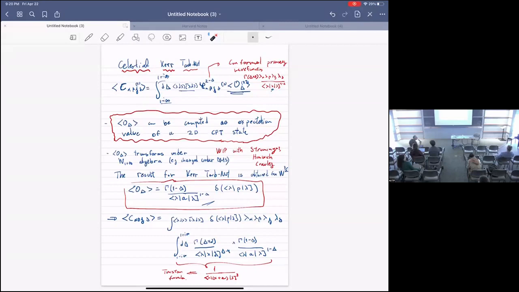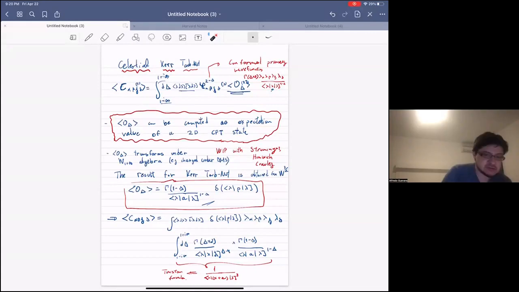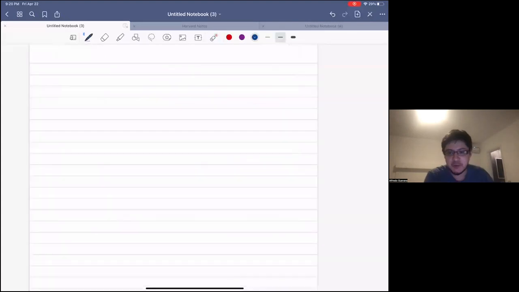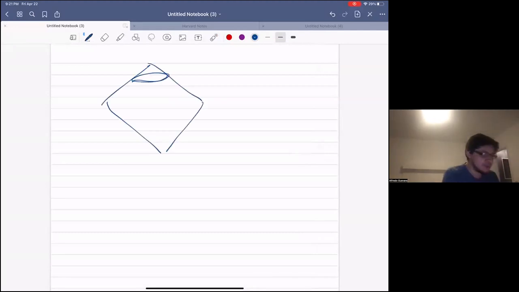So given that I have nothing else prepared, I will very briefly explain to you how to construct this state, just with pictures. And the idea is very simple. You have your space-time. Down here you have your celestial sphere in coordinates z and z bar.